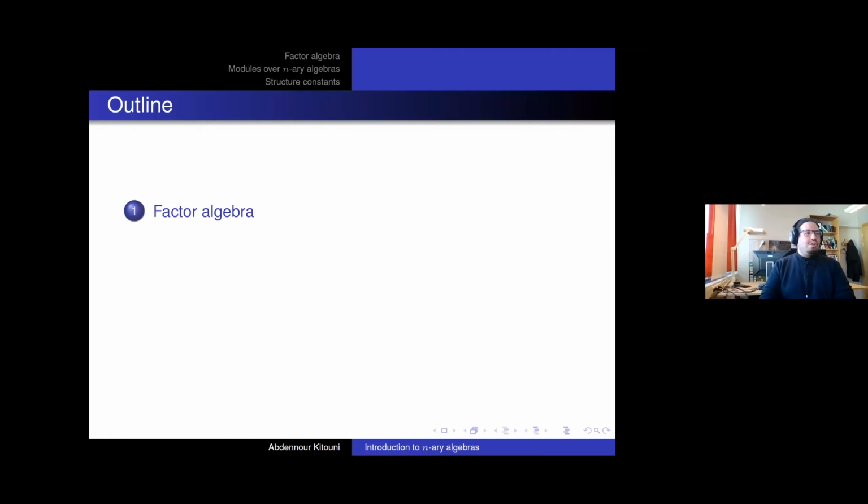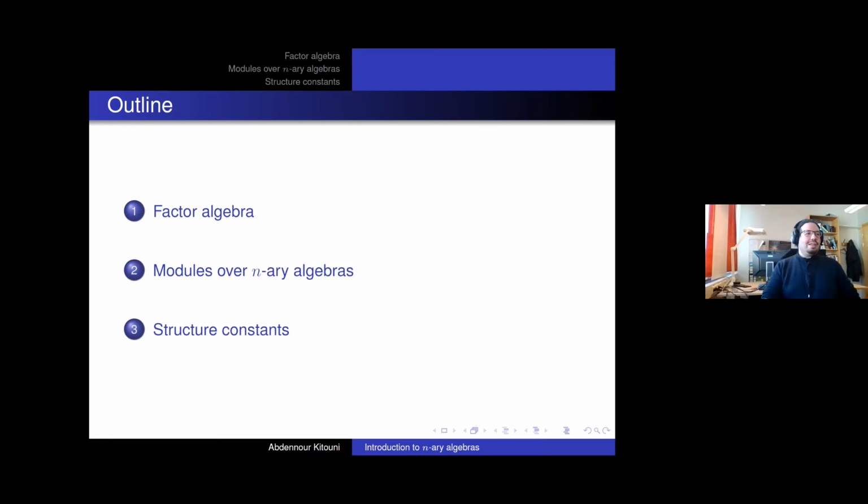So the outline of this lecture is the following. I'm going to be addressing three points. First, present the construction of how factor algebra looks in the n-ary case, then modules over n-ary algebras, and the structure constants and how we work with them.